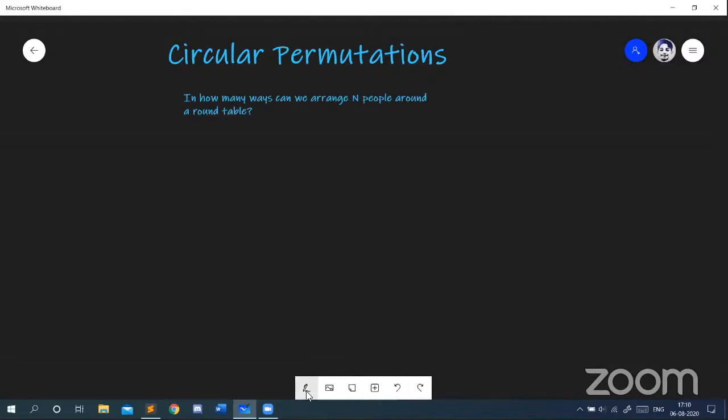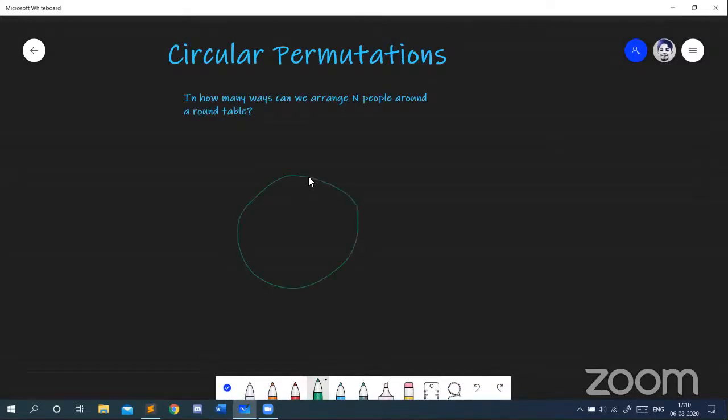So imagine a circular table, maybe something like this. And I have n seats around it, right? So how can I arrange n people on these seats?